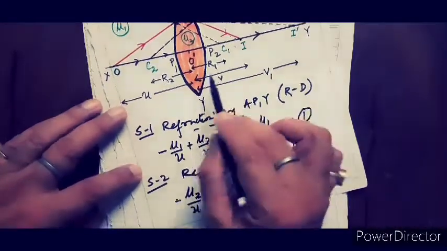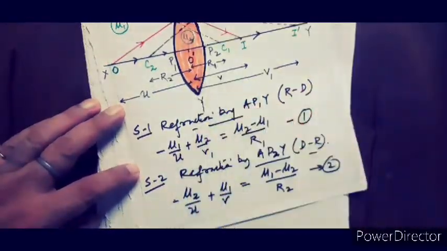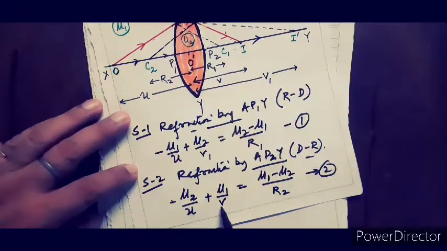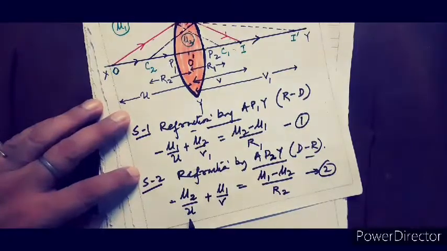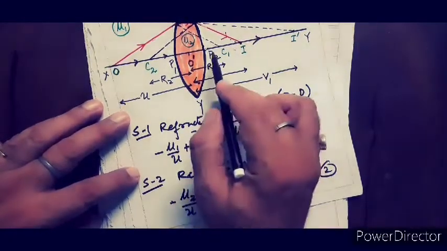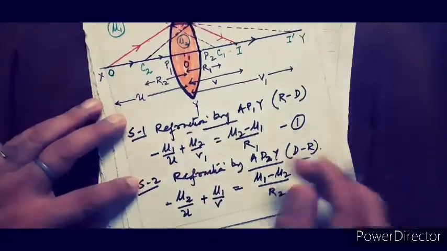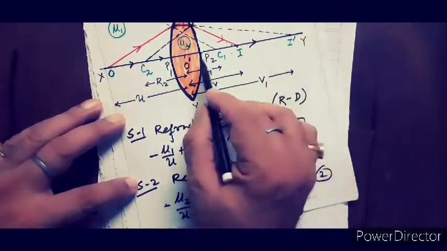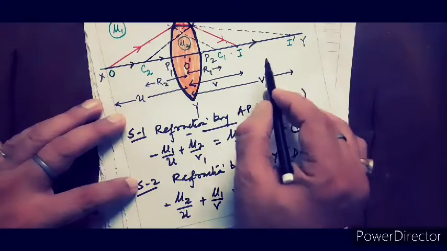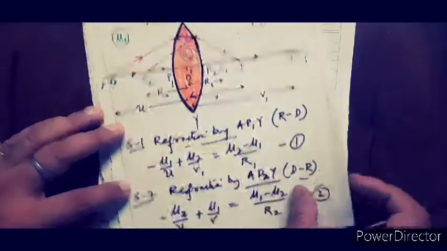Now here at this particular juncture, one very important point: what is the final image, and what is the object? Just to see here, for the second surface this particular I dash behaves as a virtual object. You have to write it here.